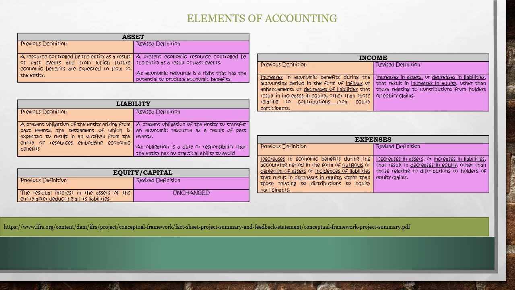Refinement because from those previous definitions, we have some improvement for the new definitions of those elements, asset and liability. But for income and expenses, inalign lang ni income and expenses yung revision nila to the asset and liability. But for equity and capital, they remain, okay, walang nagbago.